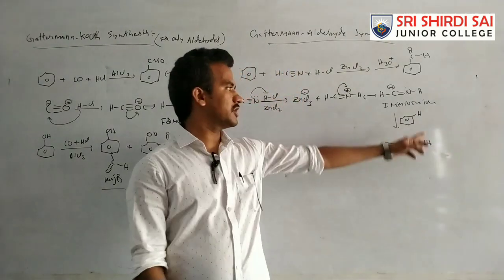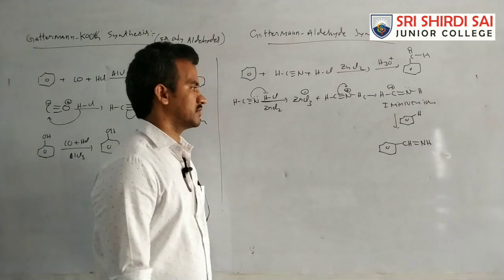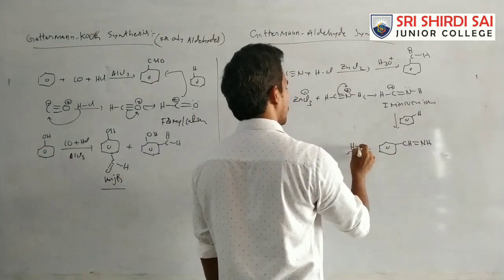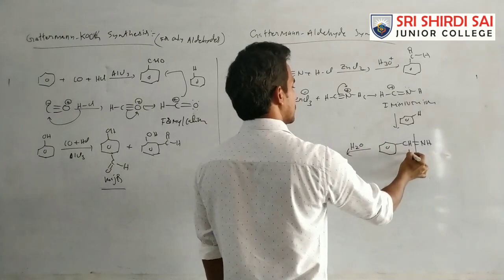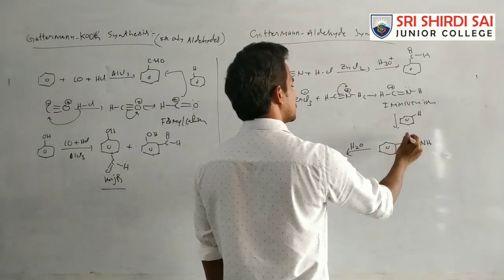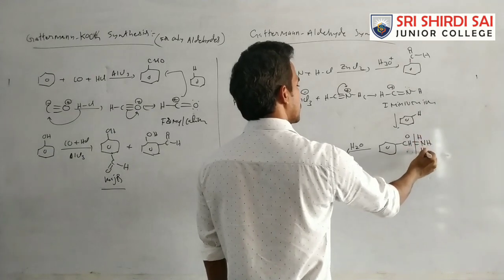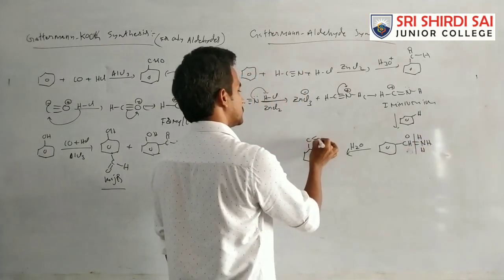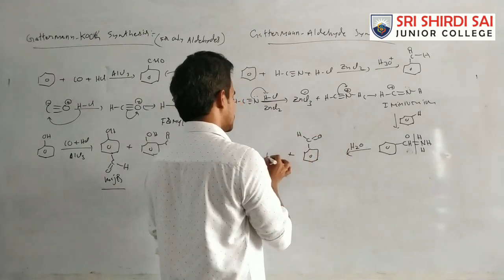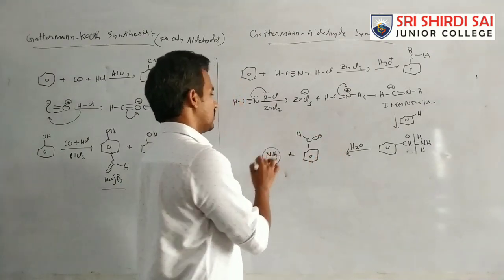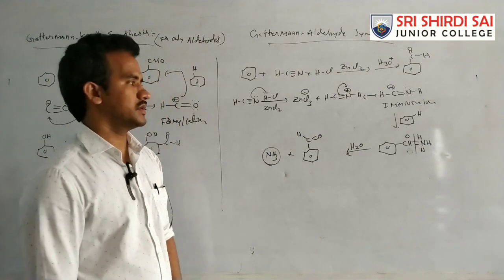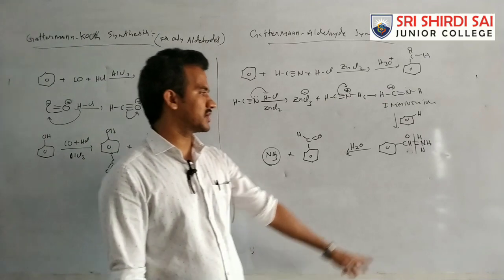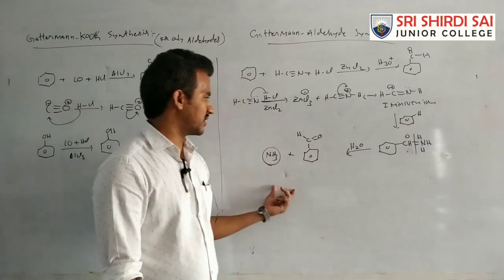Very simple. Now on hydrolysis, with oxygen and hydrogen from water, it becomes C double bond O plus ammonia. Just a water molecule, two hydrogens, that means NH3.